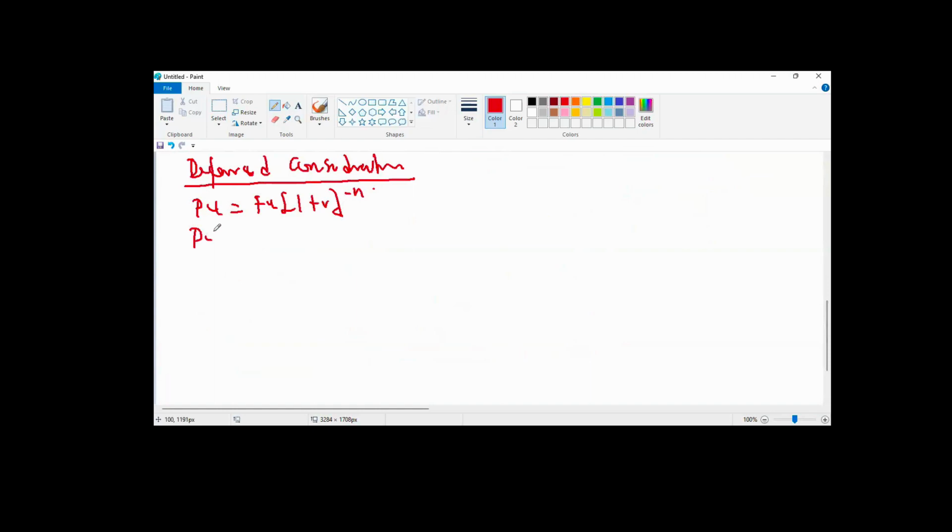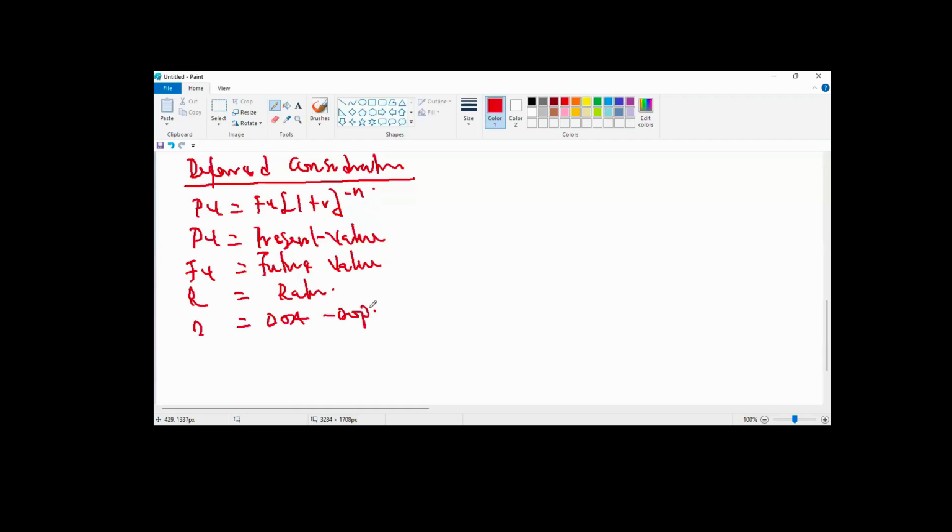PV stands for present value, today. FV, future value. Then the rate. And from the date of acquisition to the date we are paying, when am I paying? The question will tell you the number of years, and we start from the date of acquisition. Number of years. That's it.